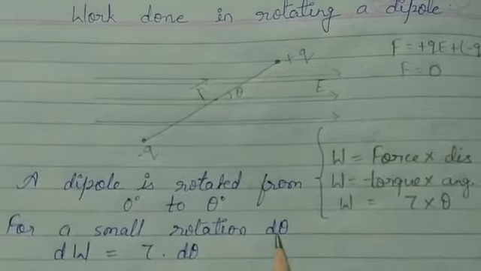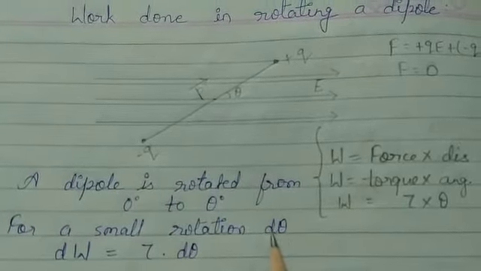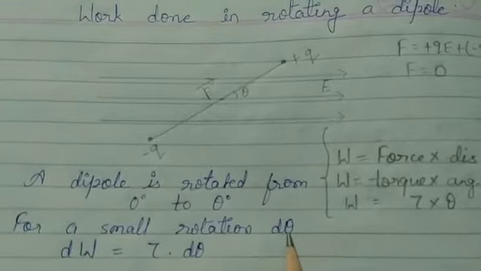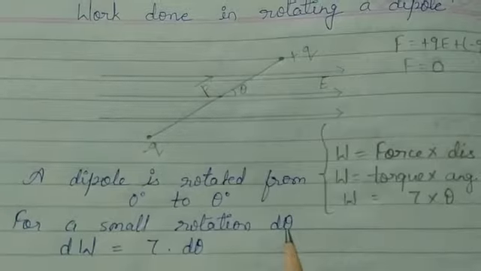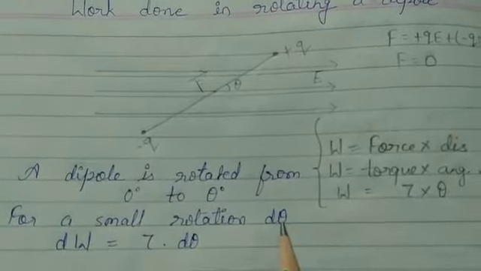We find the work done for these small angular distances, and then we sum them up for the whole work done, and summing up means integration.